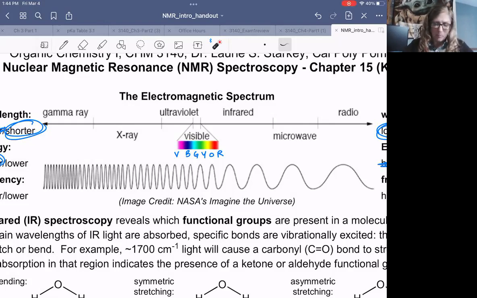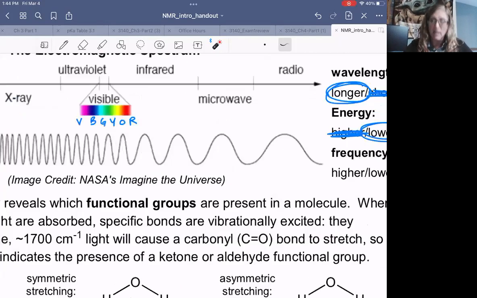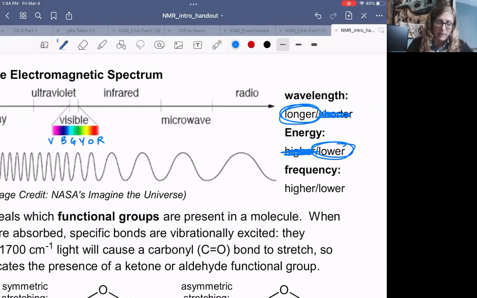So anyway, the wavelength is just one feature of this light energy. We could also talk in terms of frequency. If we have a very long wavelength, then if you're thinking about the frequency by which a wave passes by a certain point, that's also going to be a low frequency.